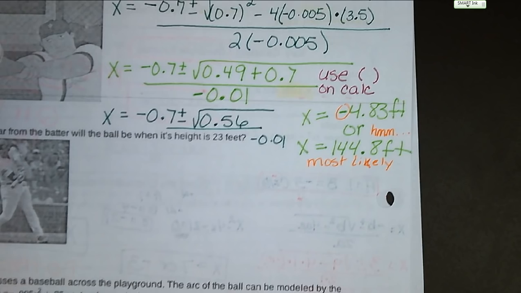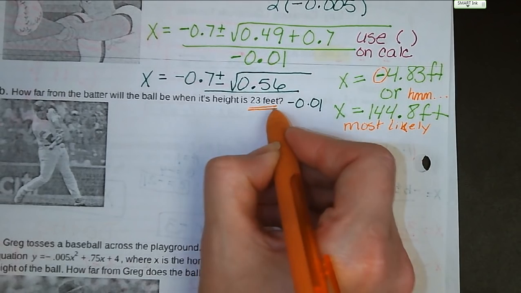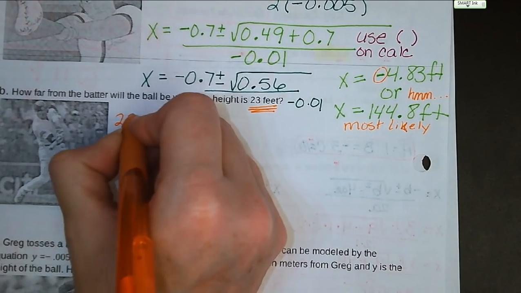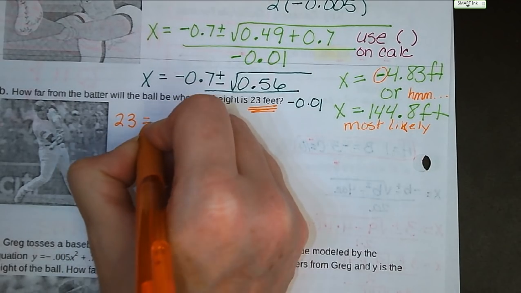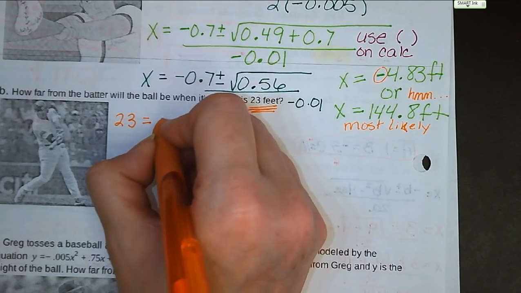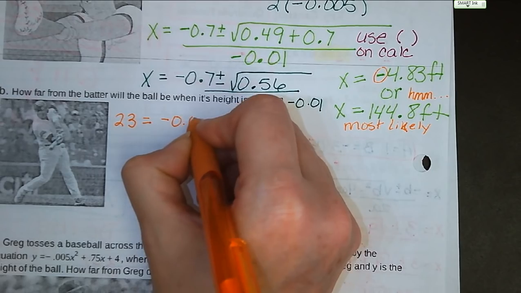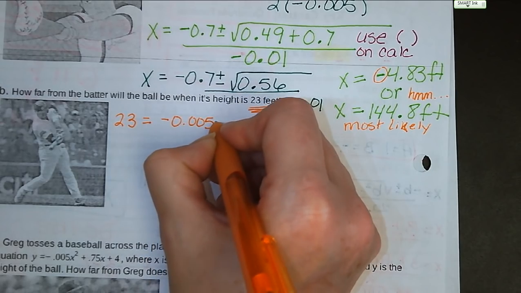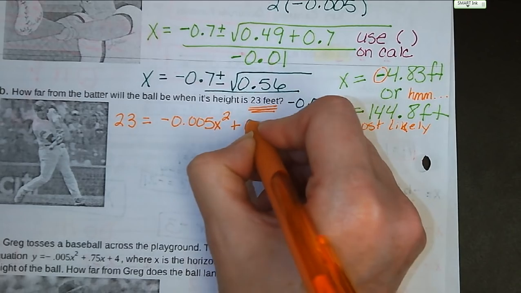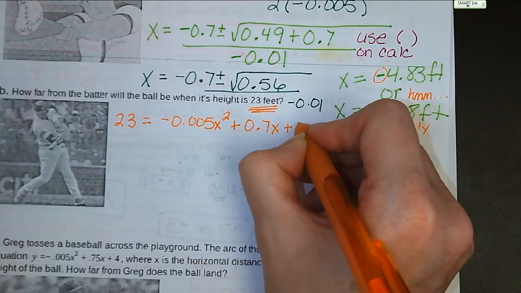Okay. All right. Second problem, we've got how far from the batter will the ball be when its height is 23 feet. So we know that 23 is our y value. So 23 equals negative 0.005x squared plus 0.7x plus 3.5.